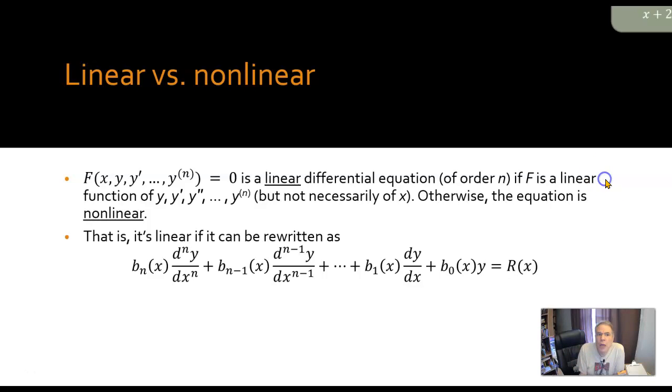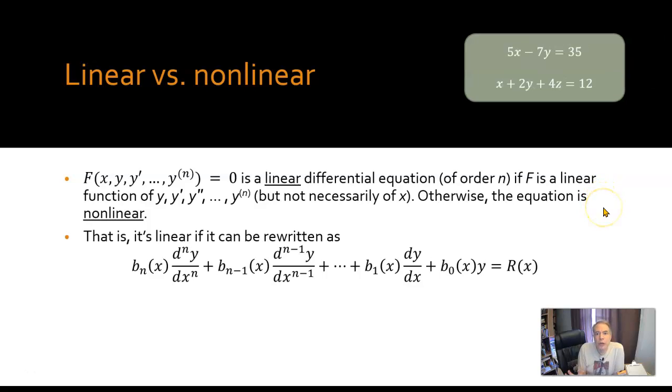So think about what linear equations look like back in algebra, if you're talking about an algebraic equation being a linear equation in 2 or 3 or however many variables. A linear equation involving x and y might be something like 5x minus 7y equals 35. A linear equation involving 3 variables, x, y, and z, might look like x plus 2y plus 4z equals 12.